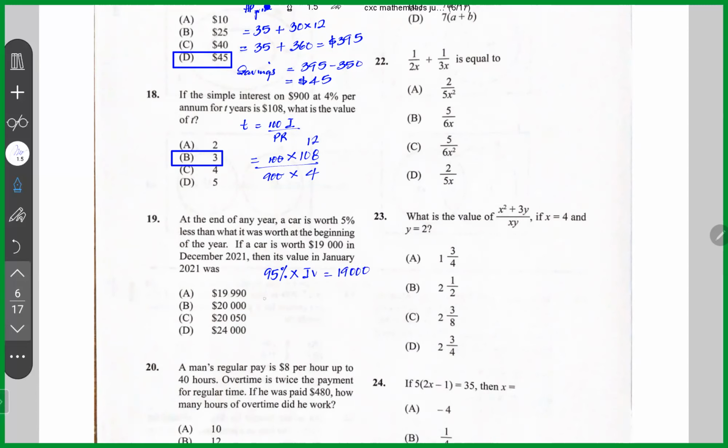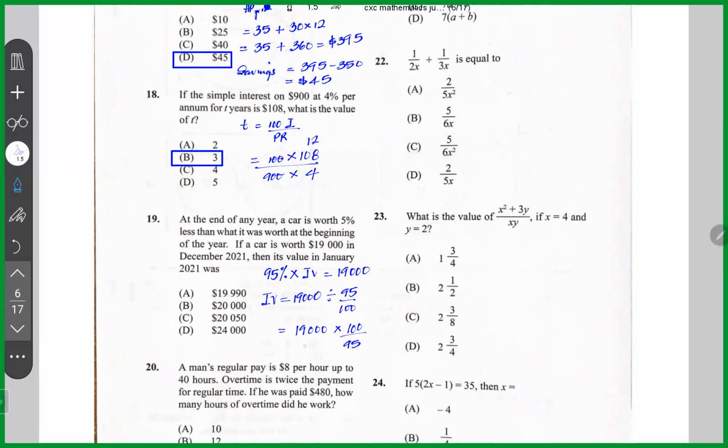So to find out the initial value, which is the value in January, I'd simply divide 19,000 by 95%, which is 95 over 100. So this is 19,000 times 100 over 95. 95 times 2, it looks like the answer is 20,000.